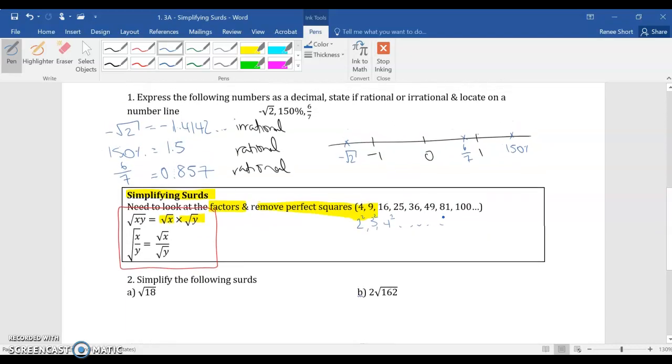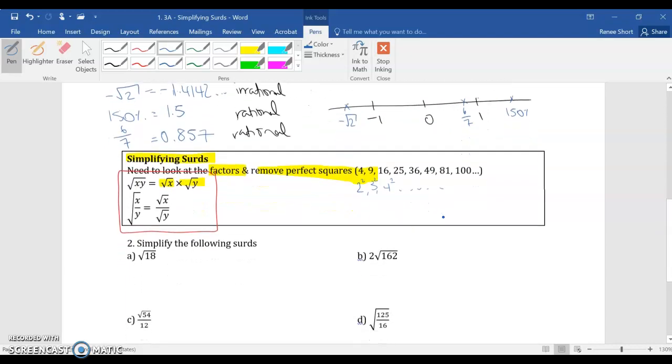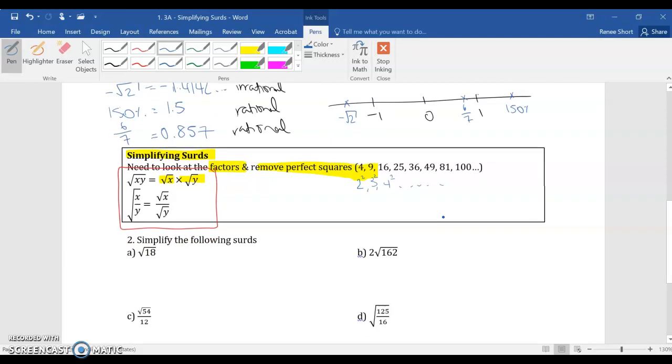So the first one here, we've got a root 18. Now remember, we want to think first of all, what are our factors of 18? You tell me, factors of 18 are 1 and 18, 2 and 9, 3 and 6.